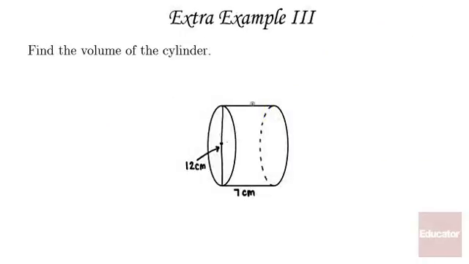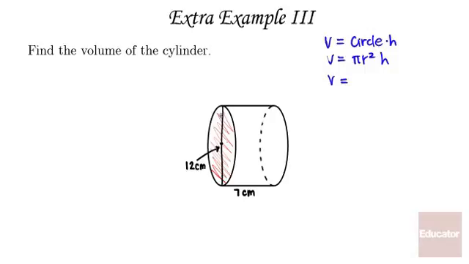And for the third example, here's another cylinder. It's positioned a little bit differently, but keep in mind, this circle is always going to be the base. So when we look for the area of the circle times the height, the circle pi r squared times the height, you always want to look for the base.